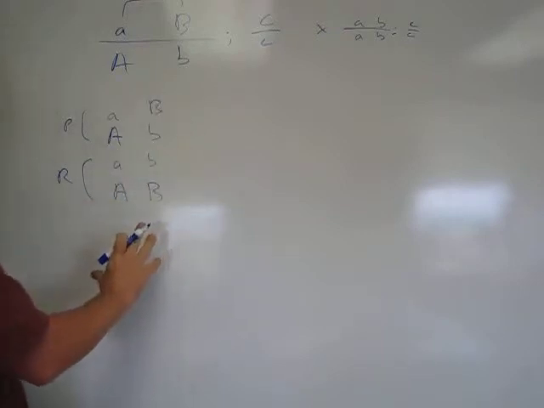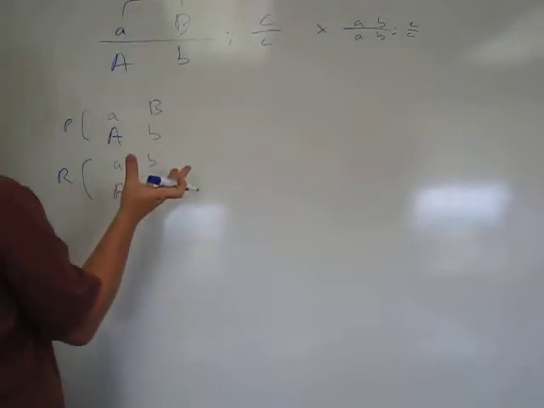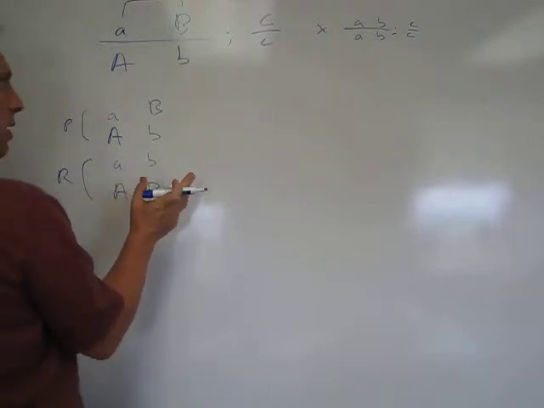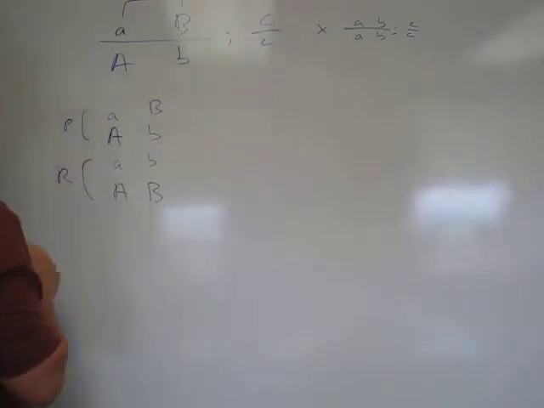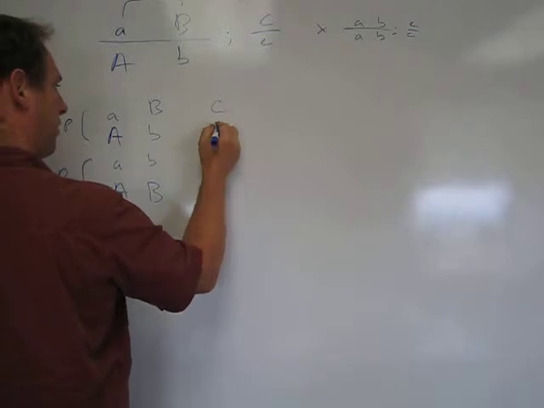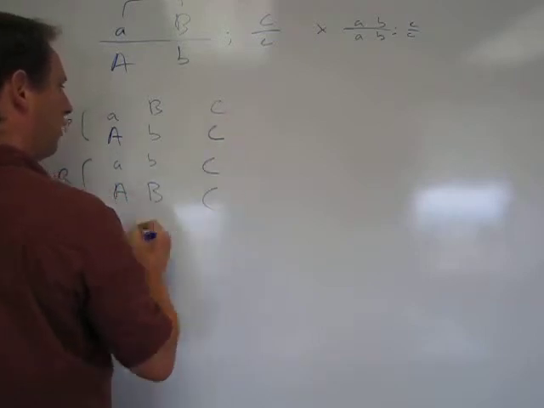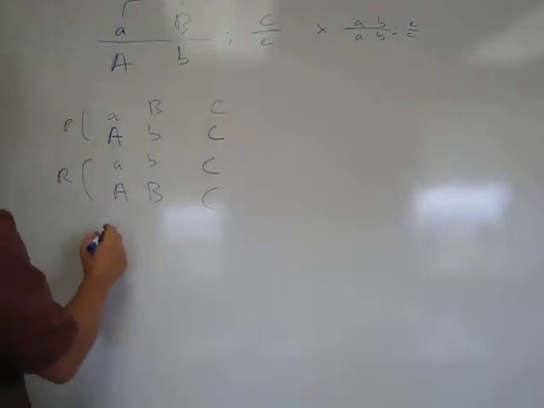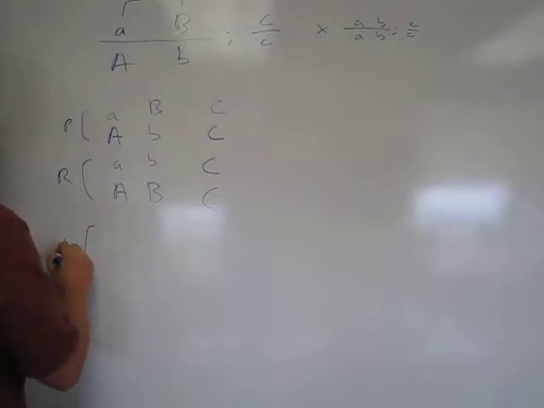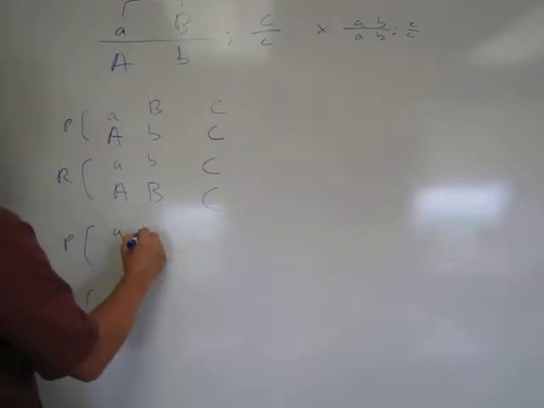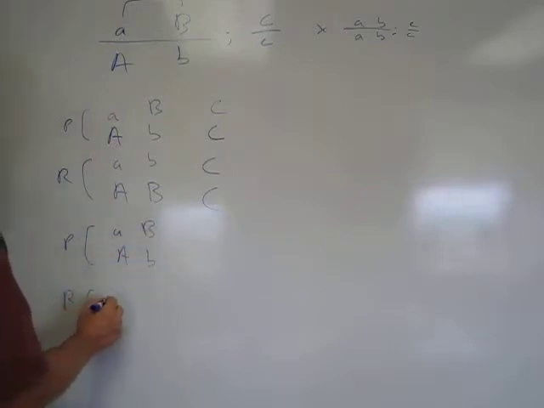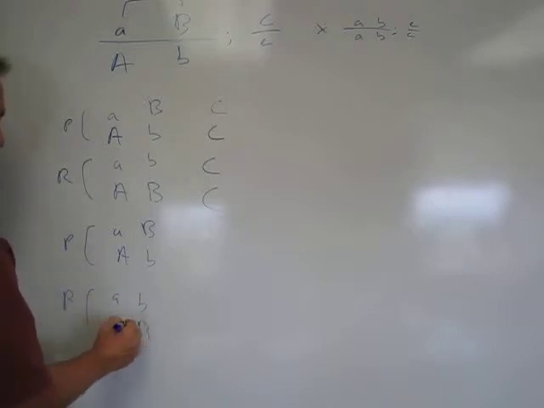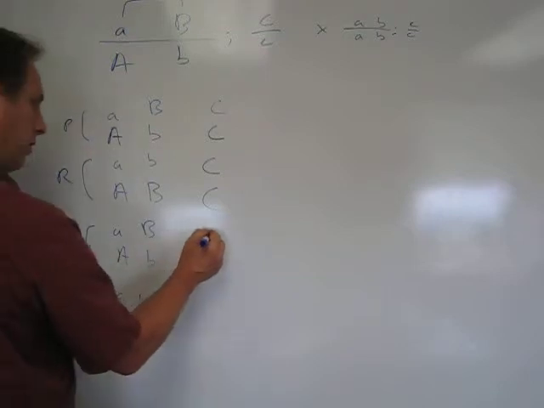You can also imagine that this whole set can either be paired up in the gamete with the big C allele or the little c allele. So you can say this set is with big C, and then you can recapitulate the same set, the parental class and the recombinant class: little a, big B, big A, little b, and then little a, little b, and big A, big B, now with little c alleles.